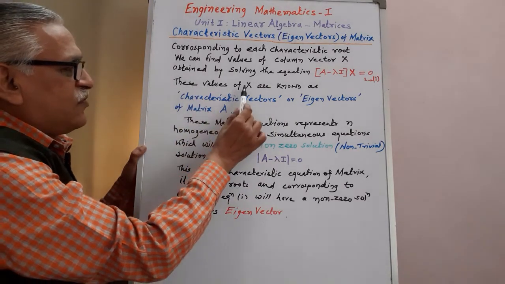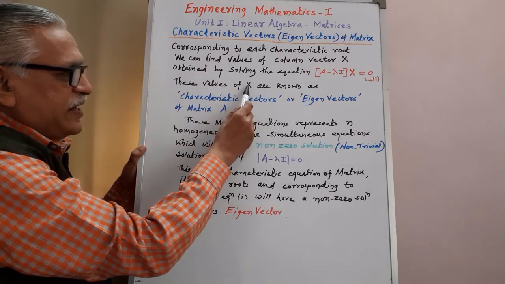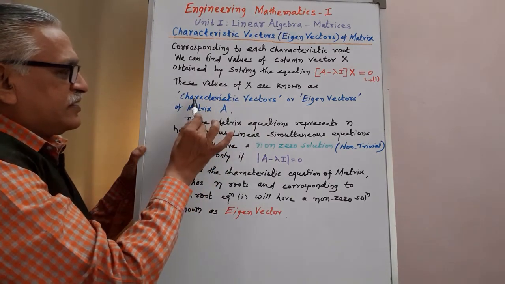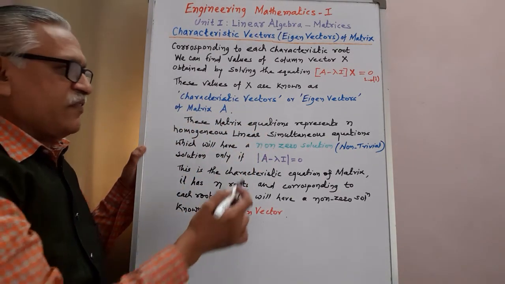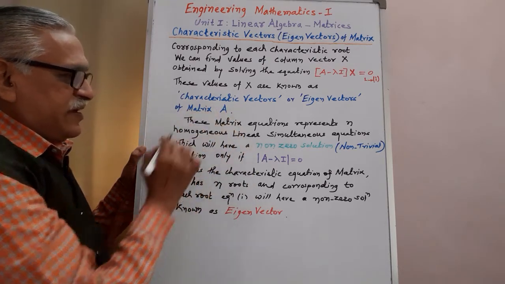These values of X are known as characteristic vectors, or another name for that is eigenvectors of matrix A.